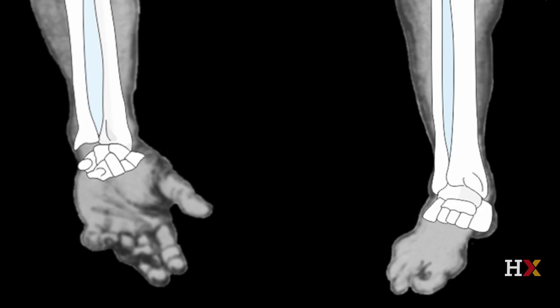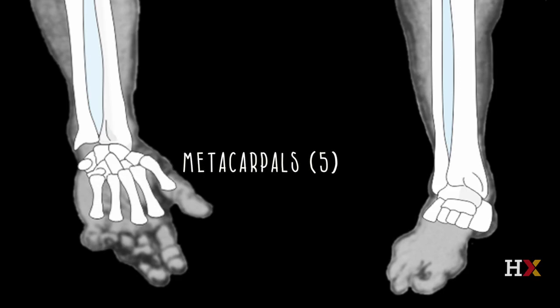So if we have carpals in the hand, the series of bones immediately beyond that you can see in this diagram will be the metacarpals, the 5 bones beyond that. And this pattern will be true in both the upper limb and the lower limb. So in the hand, the bones will be the carpals and the metacarpals.